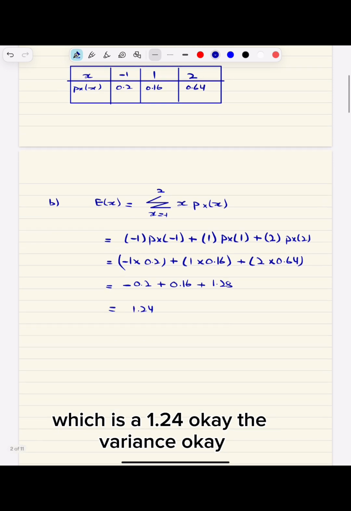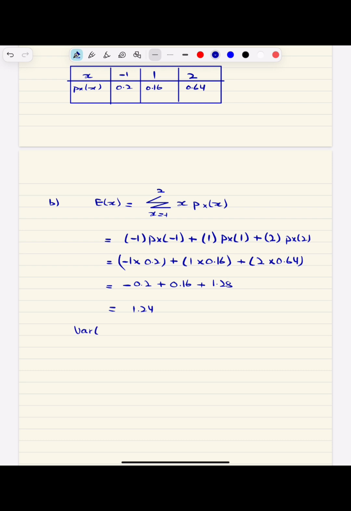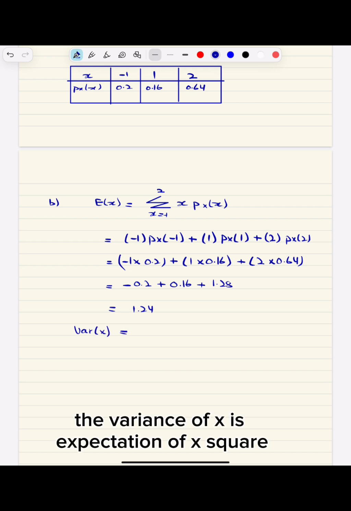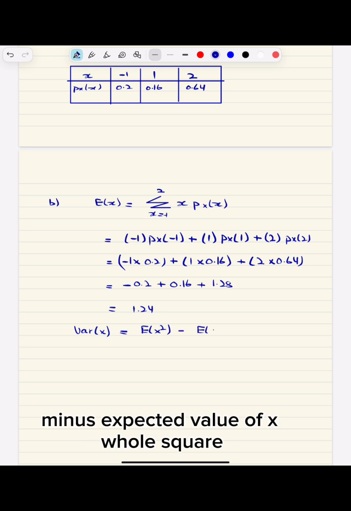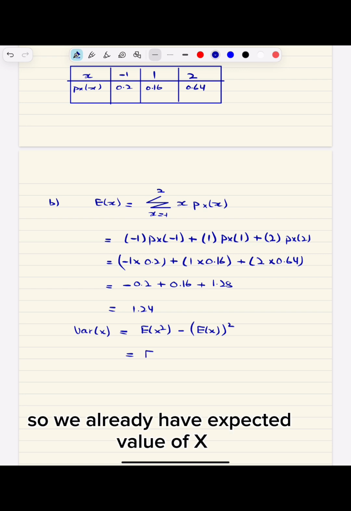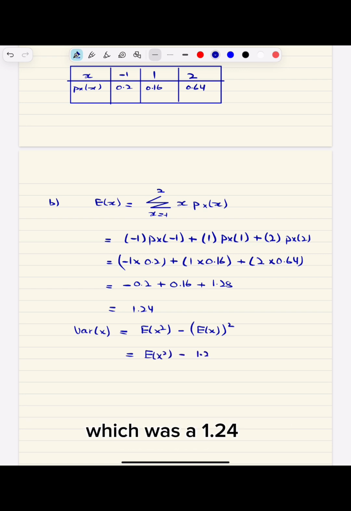The variance of x is the expectation of x squared minus the expected value of x, whole squared. We already have the expected value of x, which was 1.24.